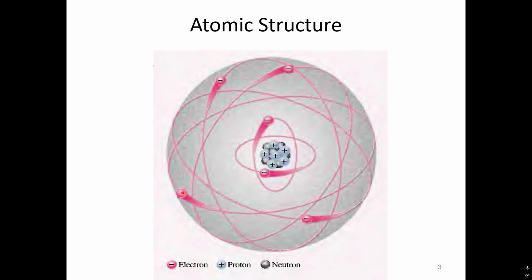So this electron is tightly bound to the nucleus, whereas this electron is very loosely bound to the nucleus.